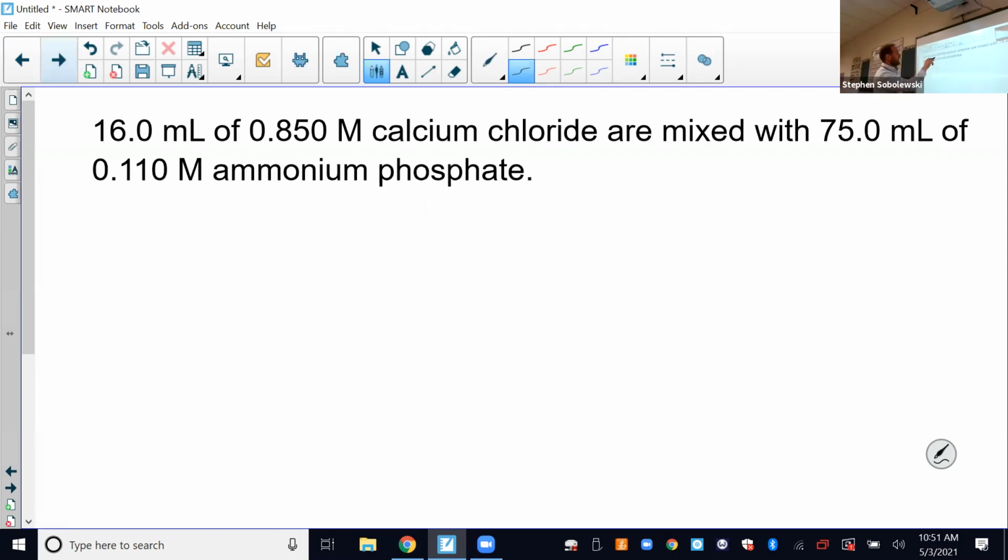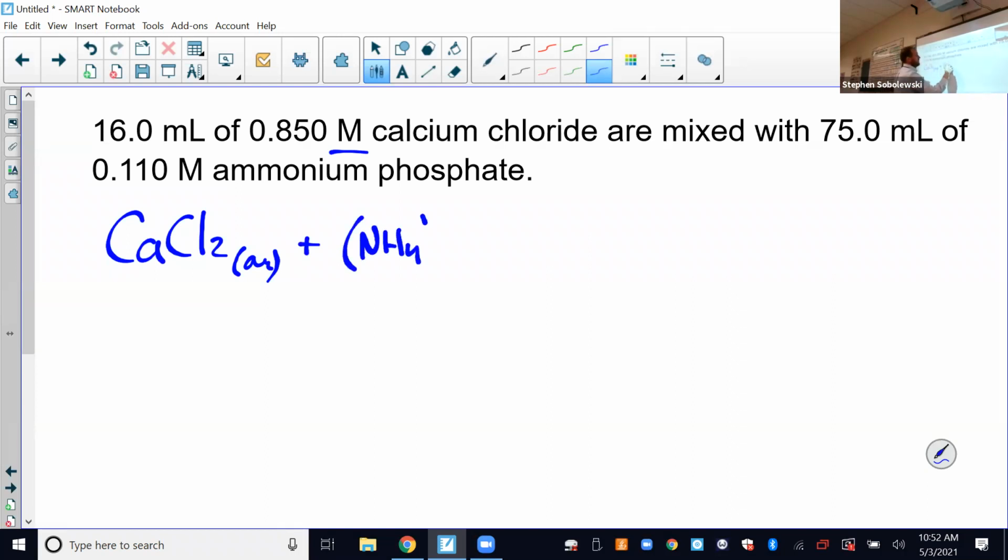Okay. So I kind of started it out over on this slide. First thing, balanced equation. So calcium chloride is CaCl2. Now, I didn't say solution, but I don't have to anymore. If I tell you molarity of it, it has to be a solution. So that means aqueous. 75.0 milliliters of ammonium phosphate is going to be NH4, parentheses 3, PO4.